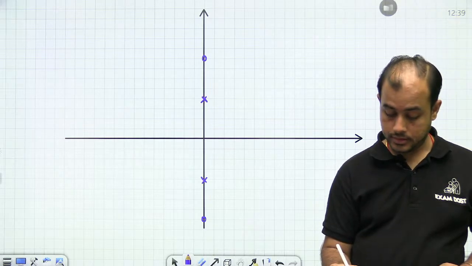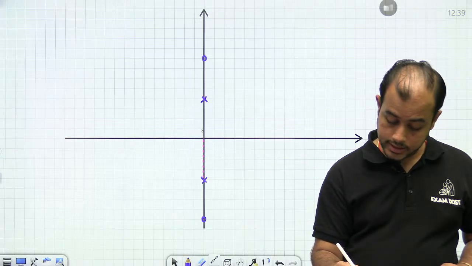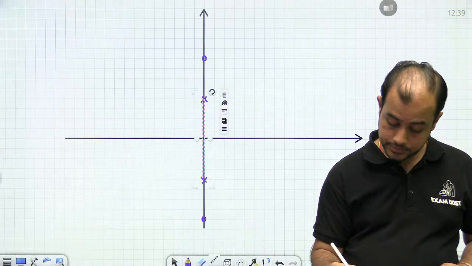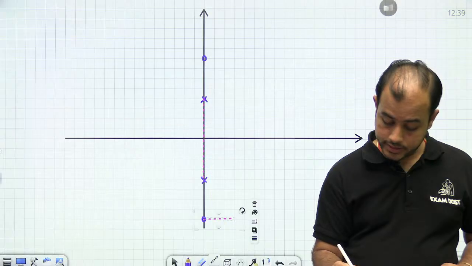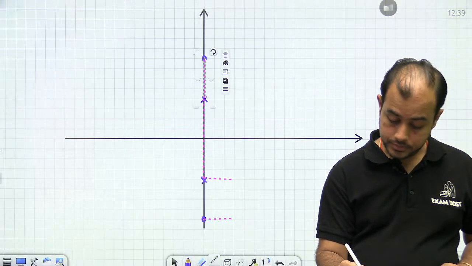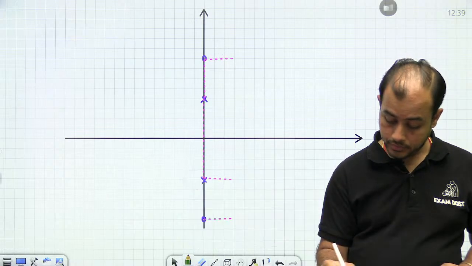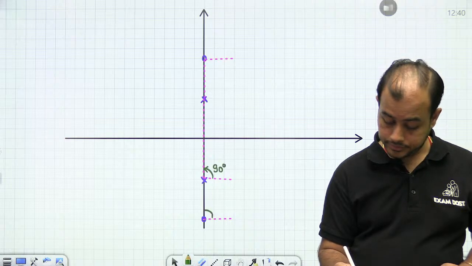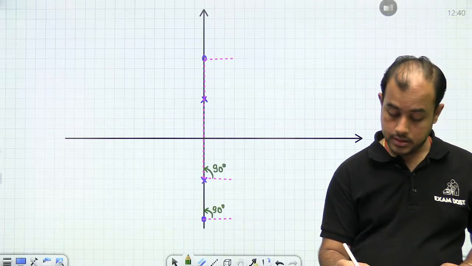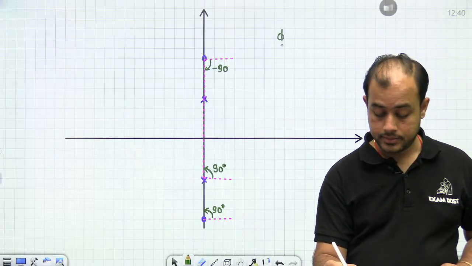ओके, so I'll connect it with the pole. I'll connect it with the 0. -90, 90, -90.